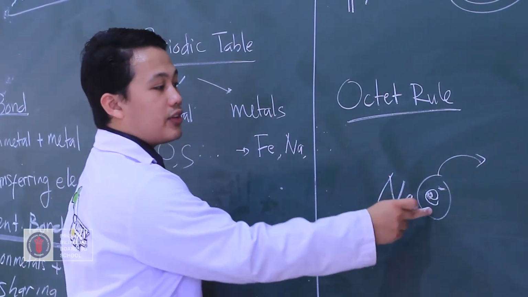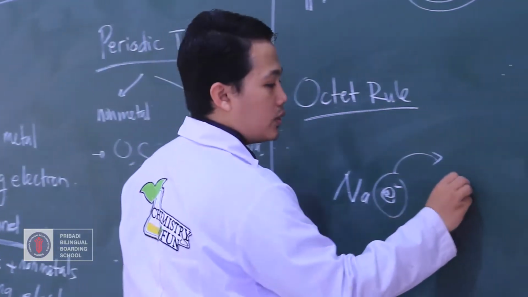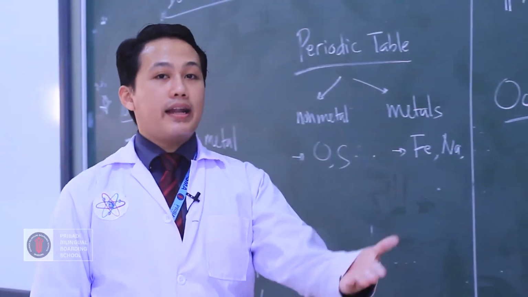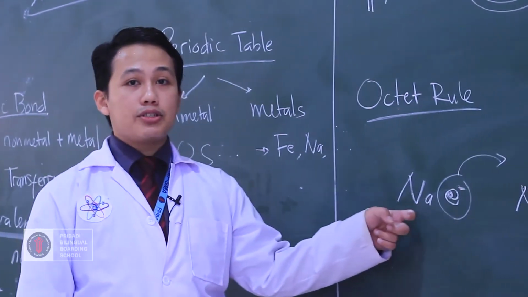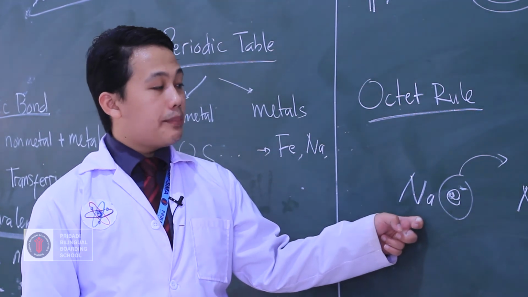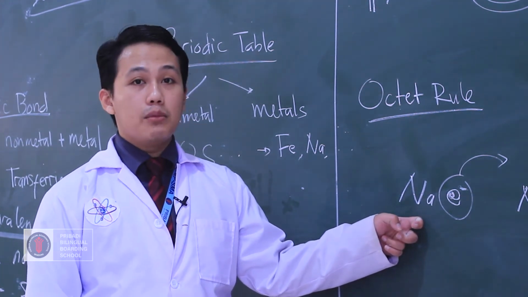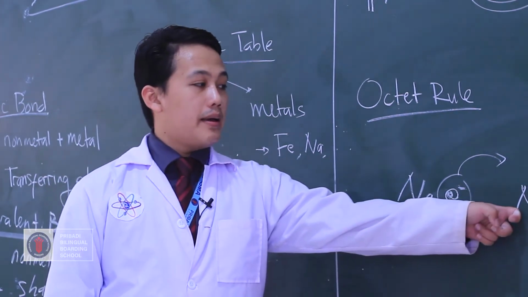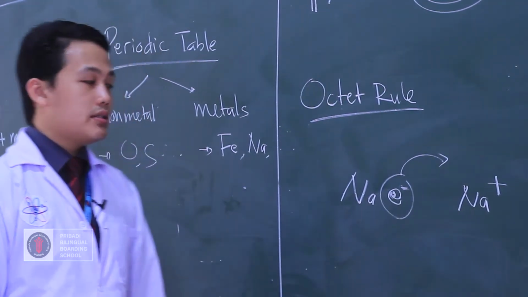From neutral, after you lose 1 electron, what is it going to be? Na plus, because the number of the positively charged particles compared to the electrons is going to be more, isn't it? So the protons of the sodium will be more compared to the number of the electrons of the sodium.